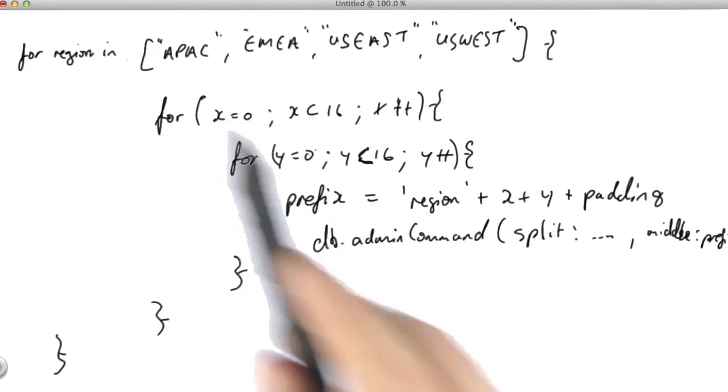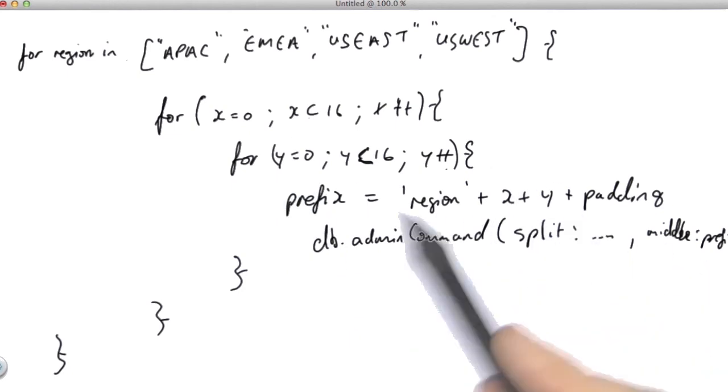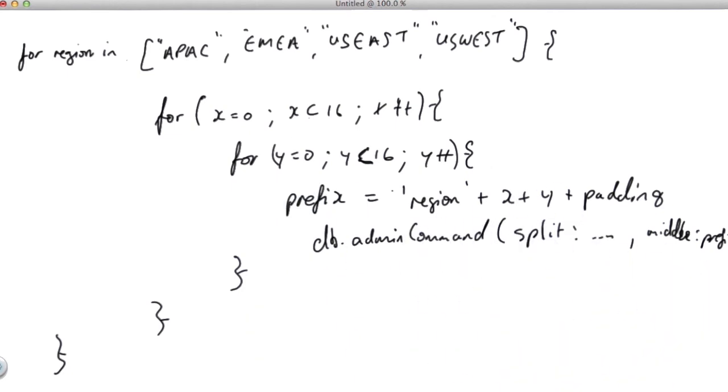We're reusing some of the code that we saw earlier in our pre-splitting example. We build up a prefix, which is region, plus the x and y values, which we turned into hex with a little function here. And then plus some padding to make it the required length for the particular shard key. Then we run the admin command to split on all of those boundaries.